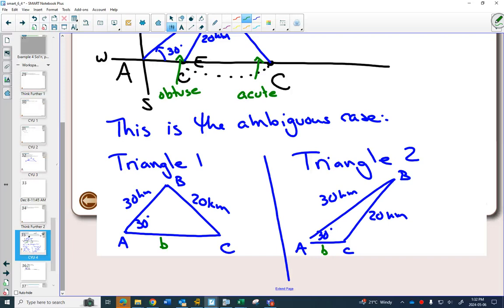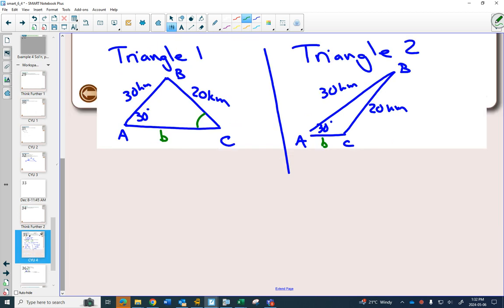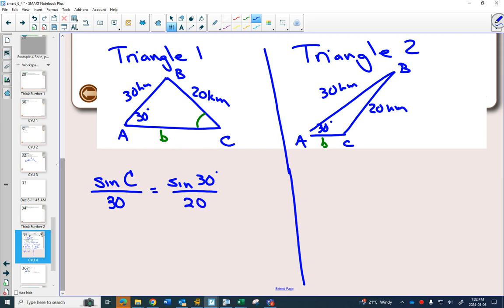In fact, the only thing we could solve for to begin with is angle C, because that has an opposite with it. So what I would do is I would set up sine C over little c, which is 30, those two go together, equals sine of 30 over 20.